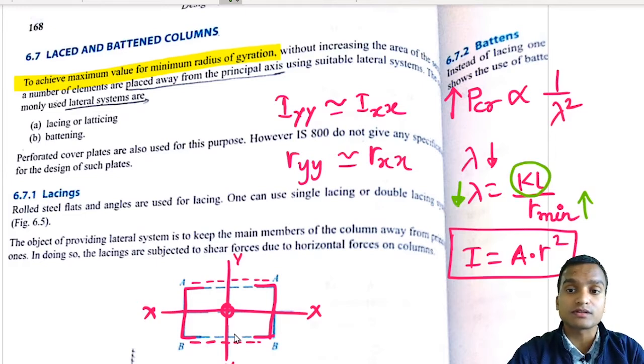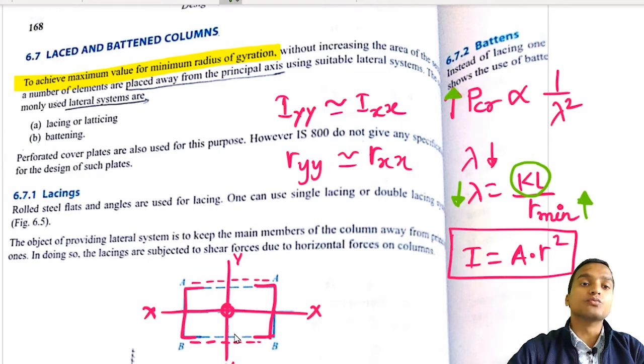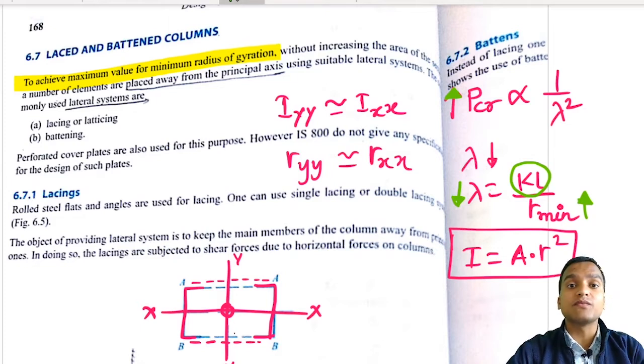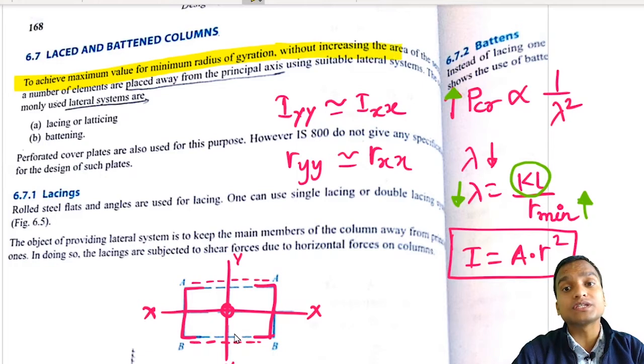KL is fixed. So in order to decrease the value of slenderness ratio, we have to increase this minimum radius of gyration, and when slenderness ratio decreases, the buckling capacity of the section increases. We want to achieve the maximum value for minimum radius of gyration without increasing the area of the section. This is very important, we don't want to increase the area.